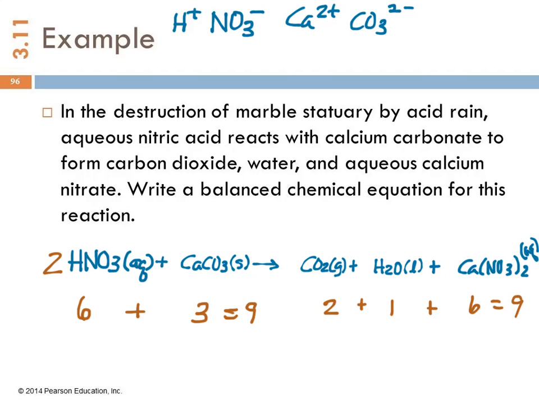Now, if we got to doing all of this and the oxygens didn't work out, all the other elements were balanced and the last one wasn't, and anything we change is going to mess up the other ones. Occasionally you'll get an equation, you're like, I could go around in circles all day. This is never going to balance. There's usually a reason for that.